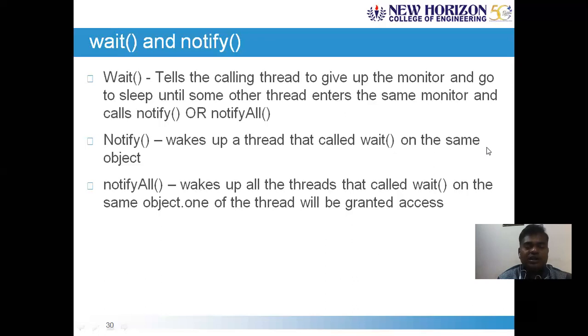If all 3 threads are in sleep mode and you want to resume them together, you can call the function notify all, which means all 3 threads become active and enter the running state. This doesn't mean that all 3 threads will be executed at a given point of time. No, they will be in the running state based on the thread scheduling algorithm. Each takes a CPU chance and completes its assigned task.